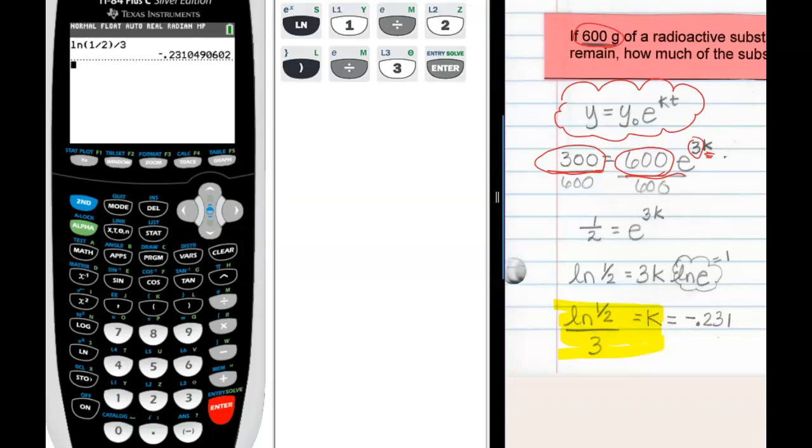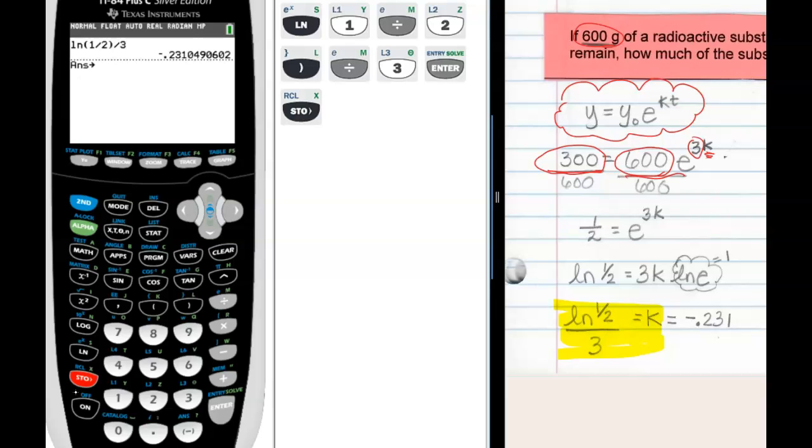Alright, so now that we have that, and let's say I need to use this number again, which we will, I'm going to store it and hit the store key. It's located right on top of the on button. It stands for storage, and it's asking me, do you want to store your answer as a letter? The answer is yes.